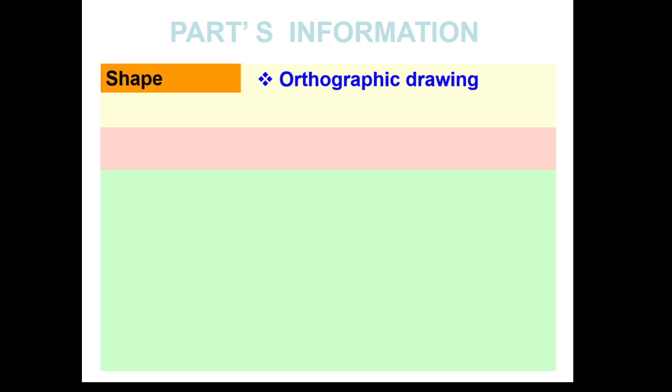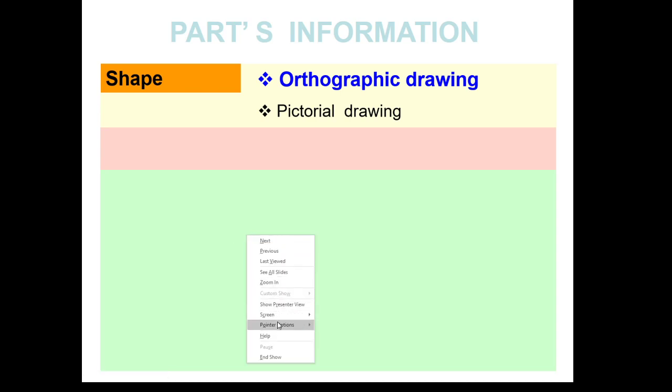Shape description, yes, we use orthographic projection. Pictorial drawing is out. Beforehand, there was no solid model software. Okay, so yes, it was quite common to inform the reader about the shape of an object in case the reader is not a technical person, he or she is a lay person. Then instead of using orthographic projections, we use pictorial drawings.